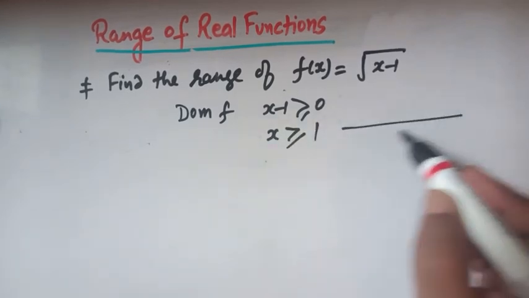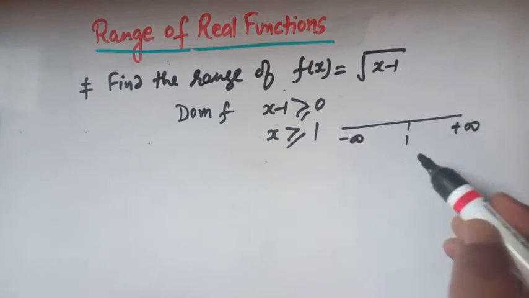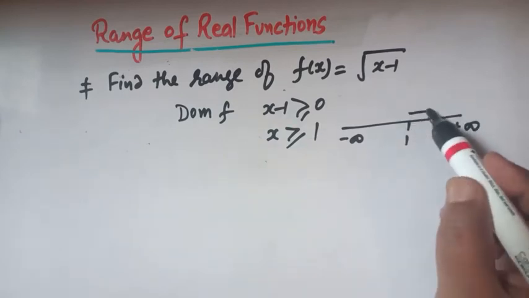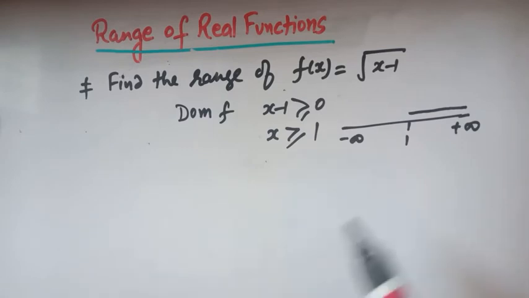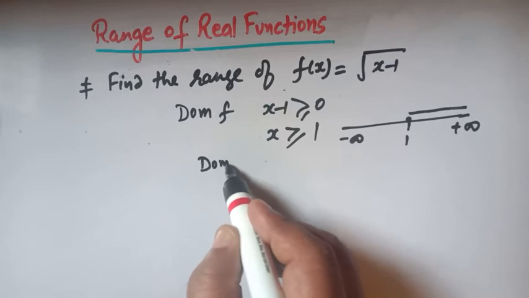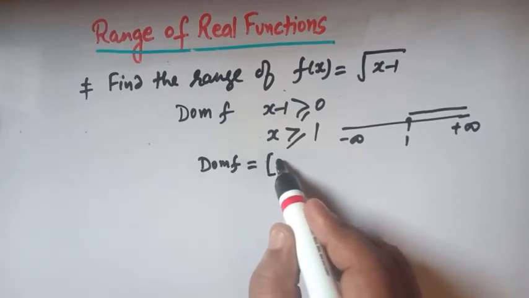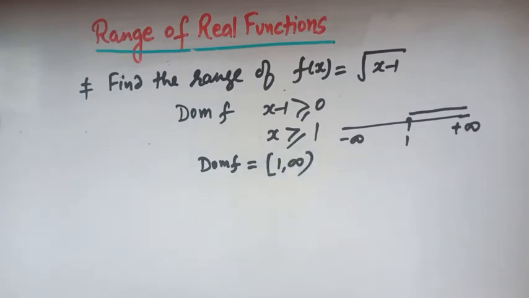And if this is the real number line, and if we have here 1, so x is greater than or equal to 1, so we'll have this portion of the number line, and including 1. So the domain is the closed interval from 1 to infinity, clear. So this is the domain.